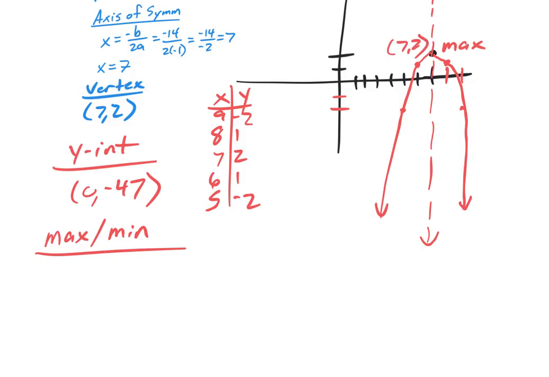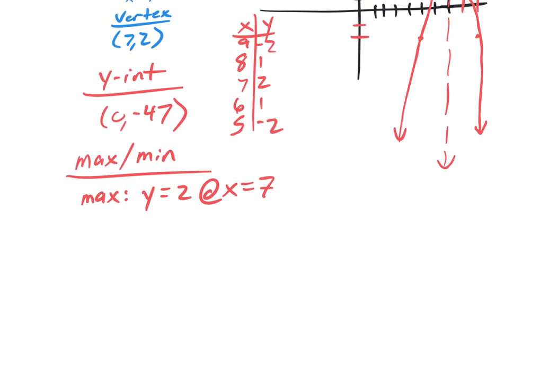So we would say that it has a max at y equals 2, and that happens at x equals 7. So the y value is always your minimum or maximum because that's the highest point that it reaches. 2 is the highest point it gets to, and that happens when x is 7. When it opens down, it'll always be a maximum.